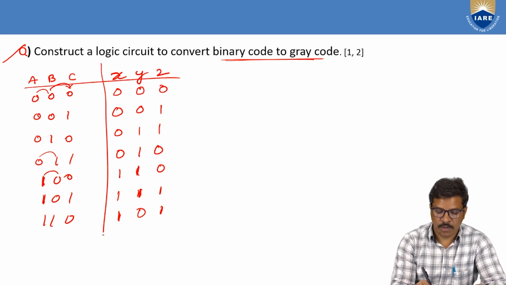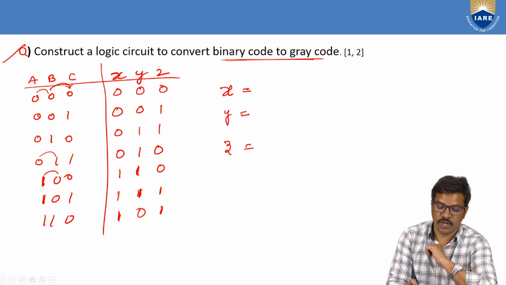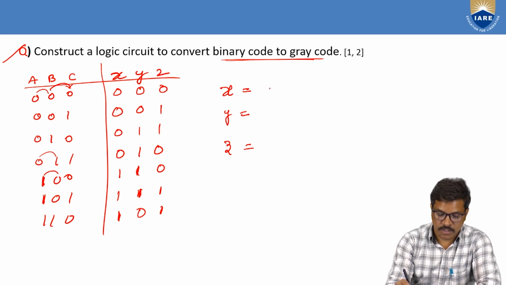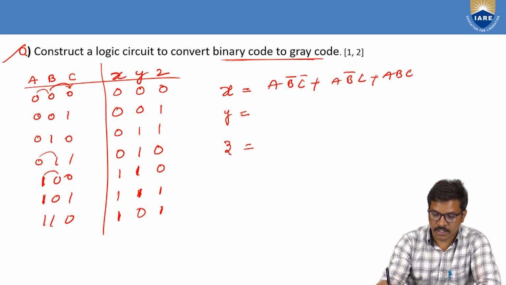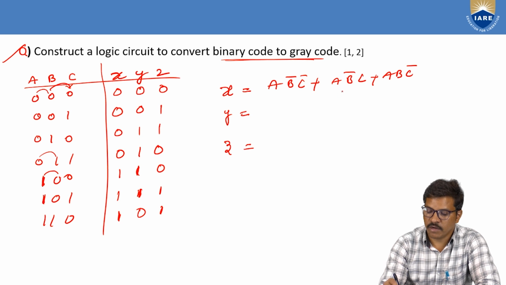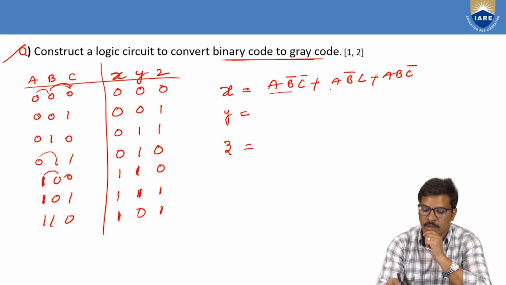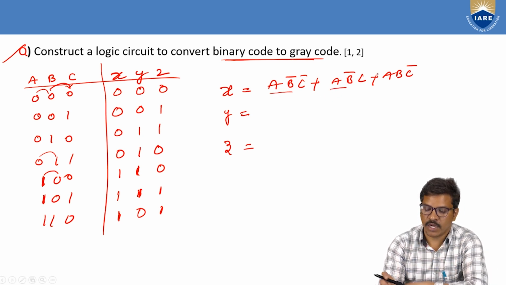Once you get the truth table, get the Boolean function for X, get the Boolean function for Y, get the Boolean function for Z. Once you get the Boolean function like A B' C' plus A B' C plus A B C', the minimized Boolean function is A B' common, C plus C' will give 1.